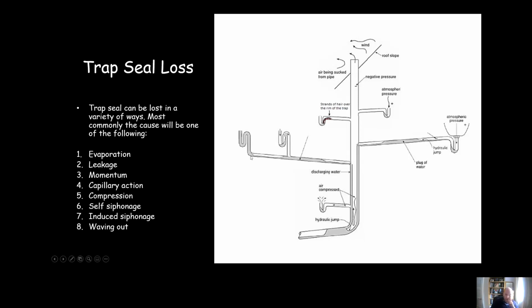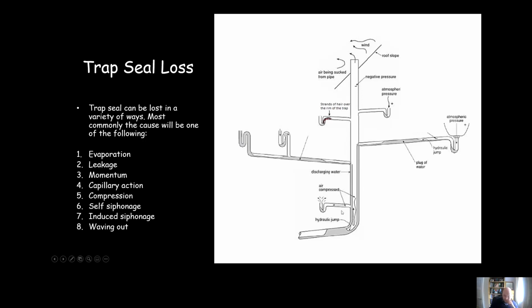We've got induced siphonage here, where you have one appliance discharging, which is pulling the trap seal from a different appliance. Capillary action here, where you have strands of hair or other material, which is allowing water to be drawn up and over the rim of the trap through capillary action. Self-siphonage, where you have an appliance discharging water, and that creates negative pressure behind it, which causes the trap seal of that individual appliance to be pulled.